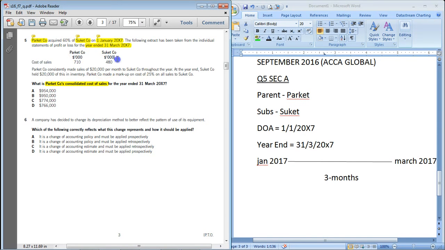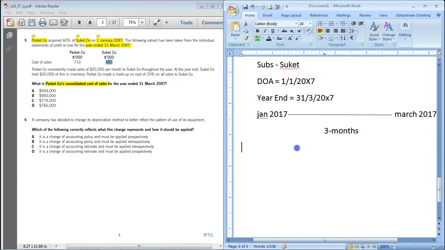This is 1 year of data. So the first step you have to do is, your parent's amount you can take as a total because this is a group parent statement. 70. Can you add it to 480? Why can you not add this 480? Because this 480 is for 1 year. You only acquired Suket on the 1st January 2017, your date of acquisition, and your year ended is 31st March. You can only consolidate for 3 months.